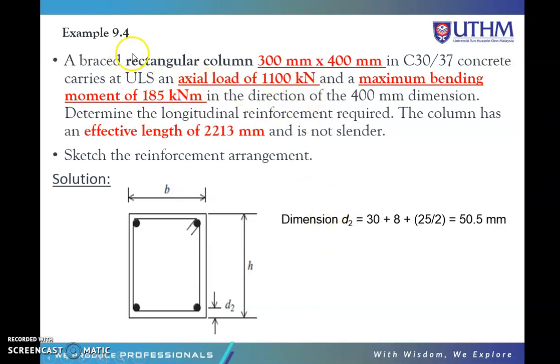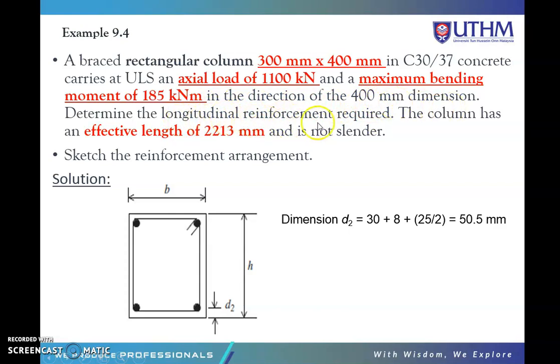Example 9.4. A braced rectangular column 300 mm times 400 mm, concrete grade 30, carries an axial load of 1100 kN, and the maximum bending moment is 185 kNm in the direction of the 400 mm dimension.